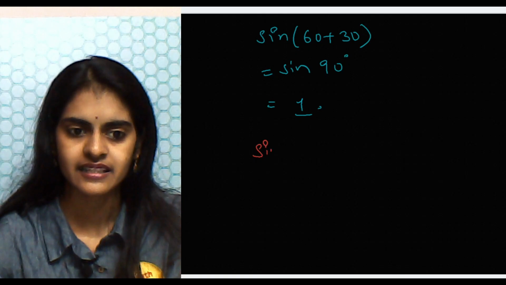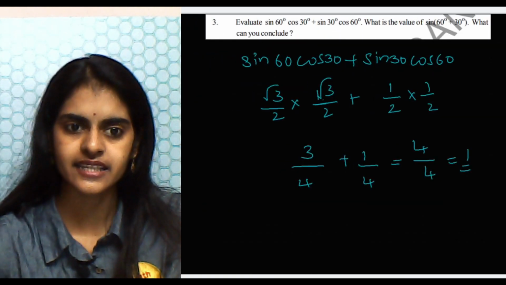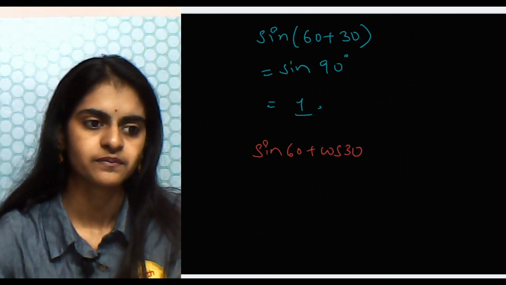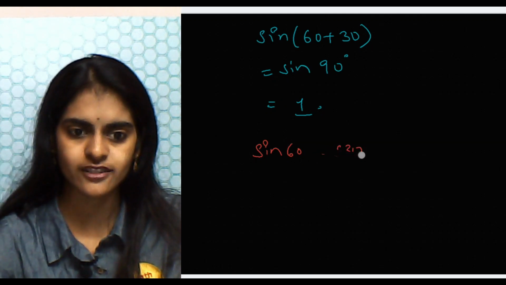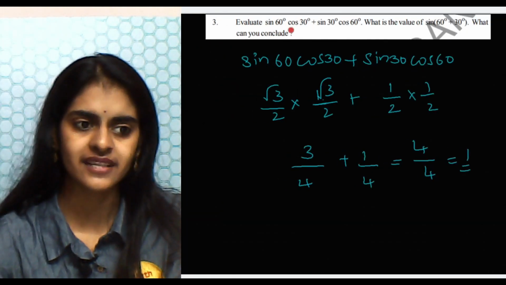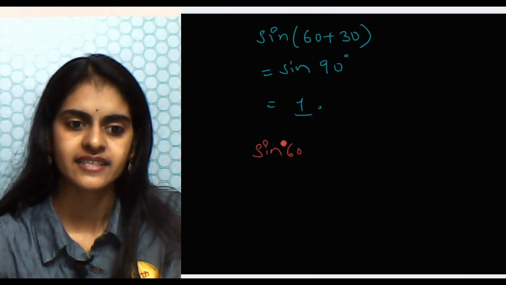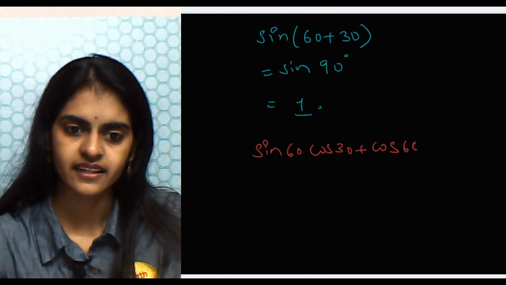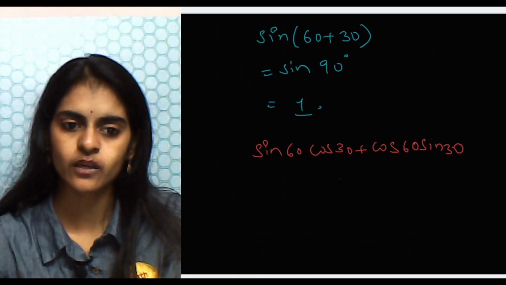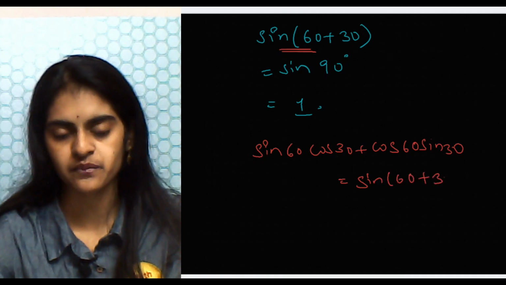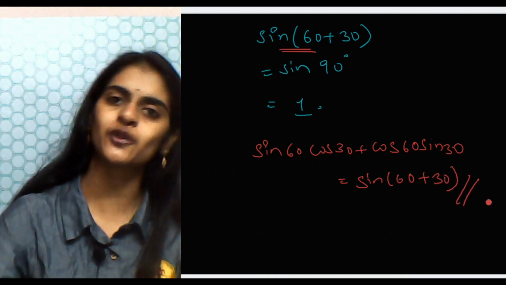Sine 60 cos 30 plus cos 60 sine 30 is equal to sine of 60 plus 30. So you can conclude this from the two answers, right?